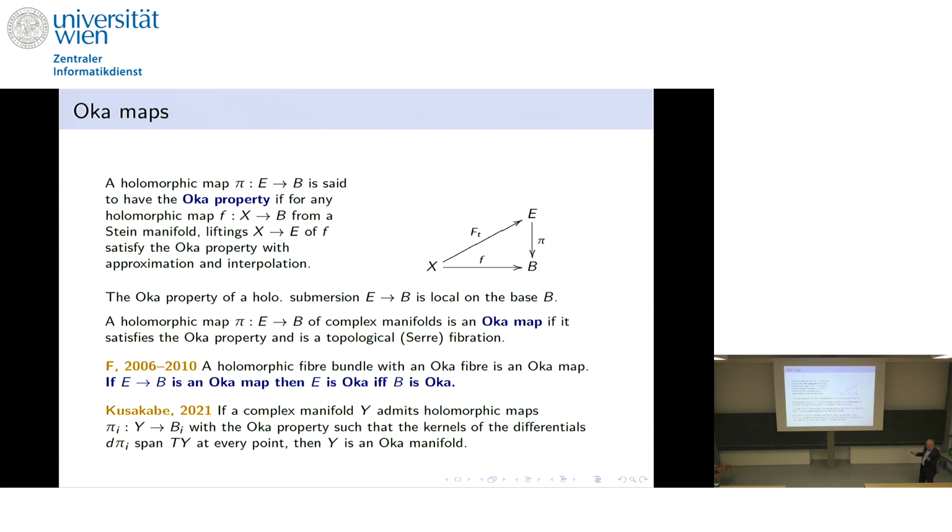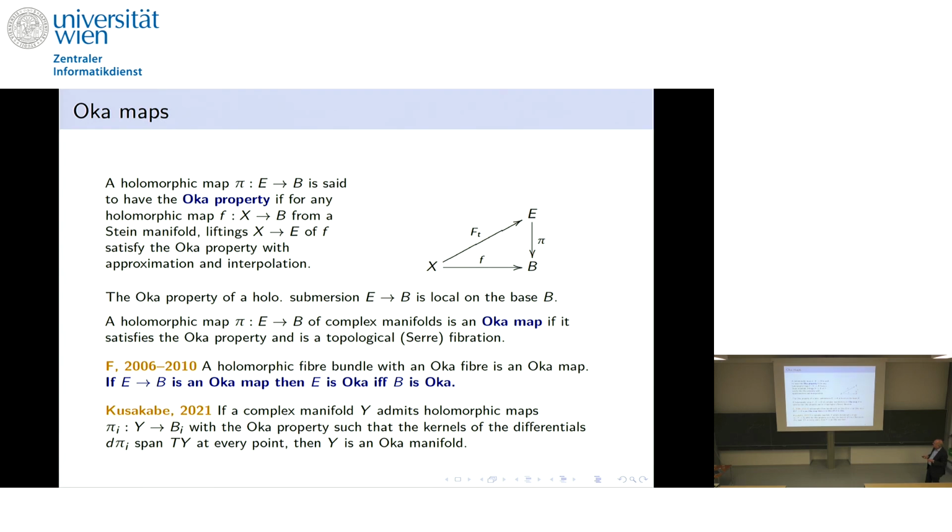And again, you ask for the similar approximation and interpolation properties. So this is called the Oka property of the map. I have shown some time ago that for a holomorphic submersion, this property is local on the base. This means the property holds if every point in B has a neighborhood so that the restricted submersion has that property.